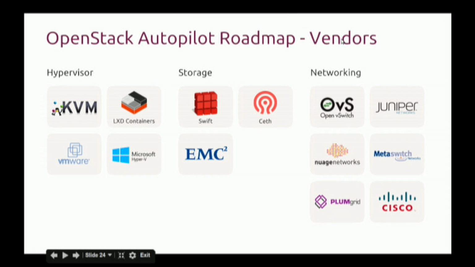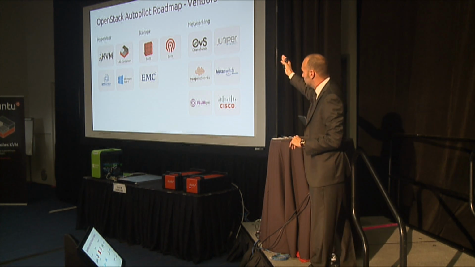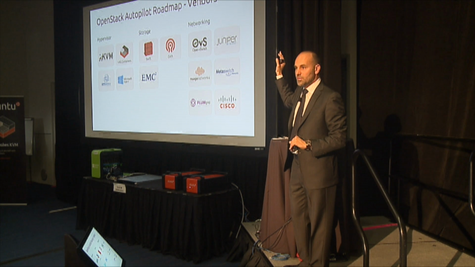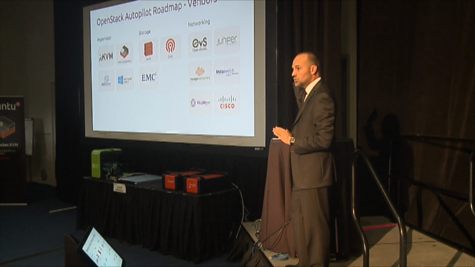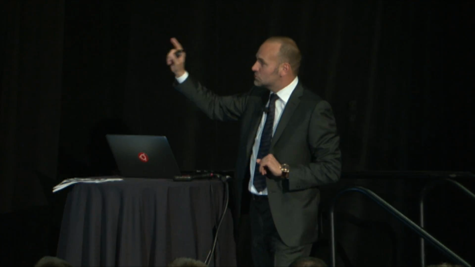This is our roadmap. These are the vendors whose components we're committed to integrate into that autopilot. So this is going to allow you to build OpenStack clouds with your choice of hypervisor, including LXD, Hyper-V, your choice of storage, including all of the capabilities from EMC, both traditional SAN and the new scale-out software-defined storage. And networking, you saw Open vSwitch.